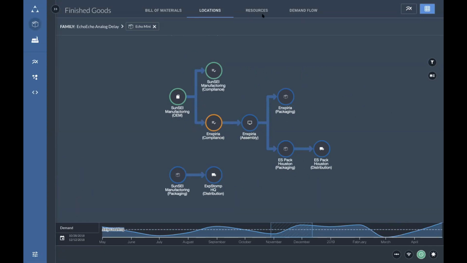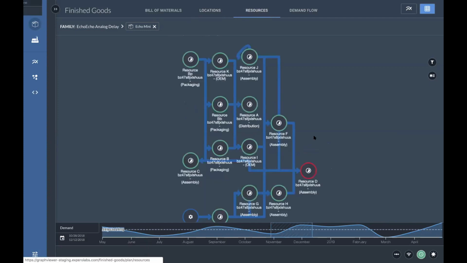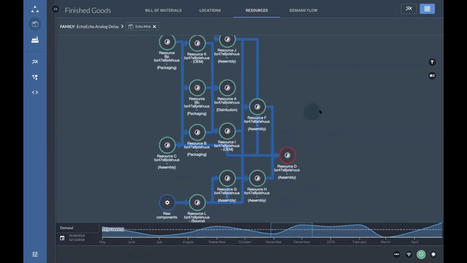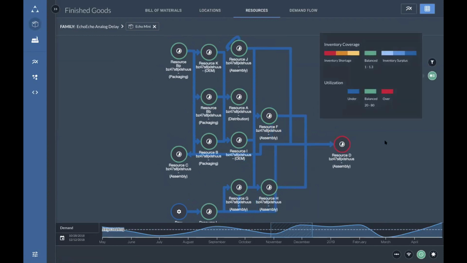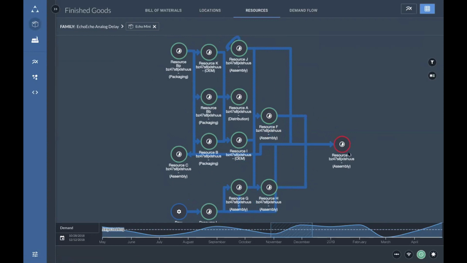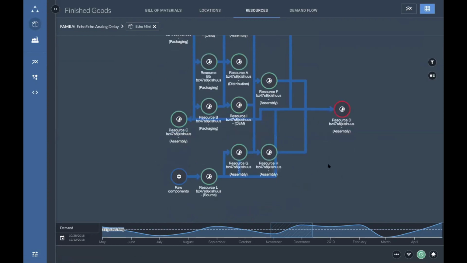I can take this and drop it down another level and look at the factory resources, how this particular finished good flows through the factory floor and goes through mechanical resources. And in fact, here in this case, I have a capacity problem. So we are way overutilized on this assembly machinery.